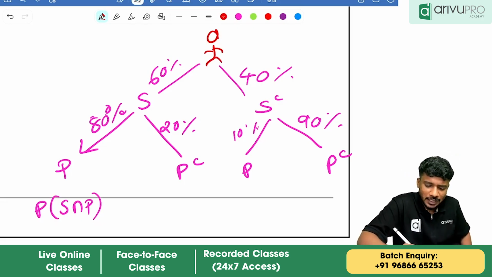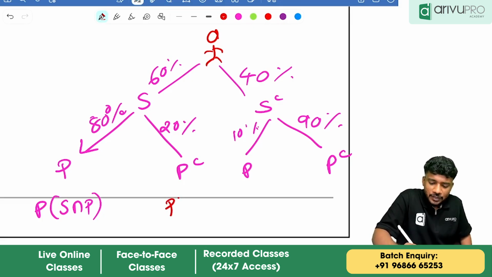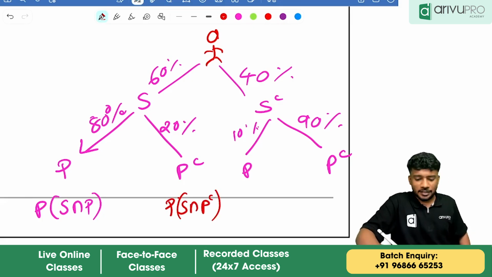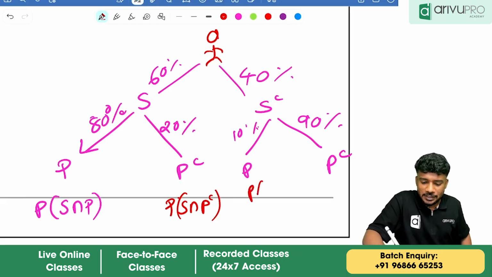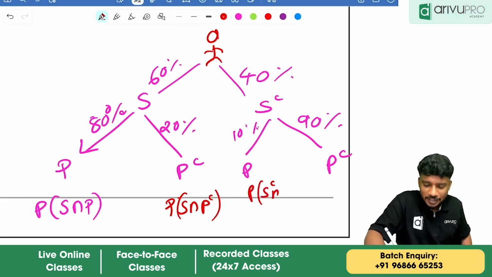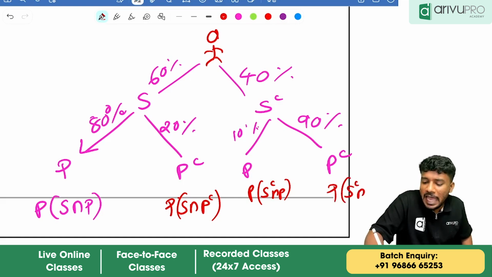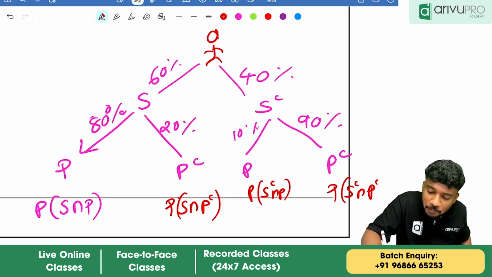Now, if you ask me here, person studies intersection and not passing. Here it will be what? Person does not study intersection and passing. And here it is what? Probability of a person does not study and is not passing.